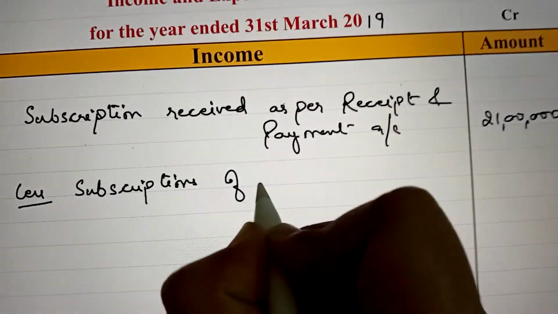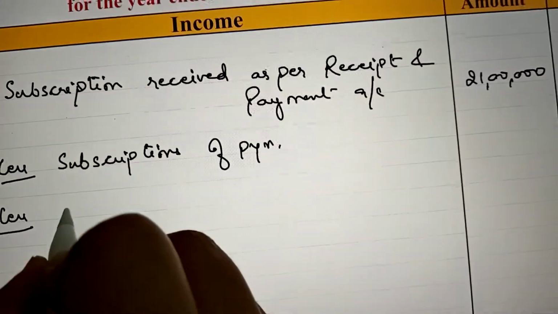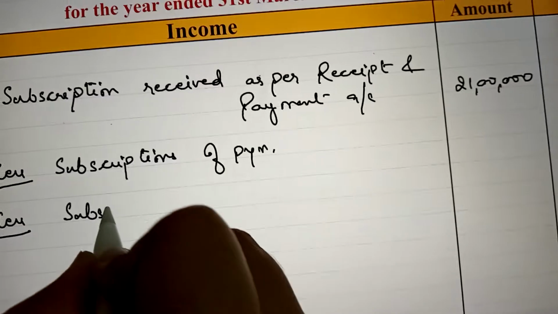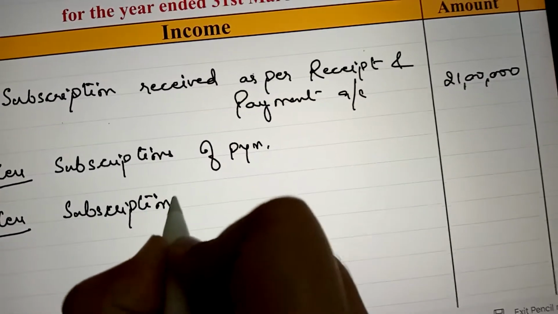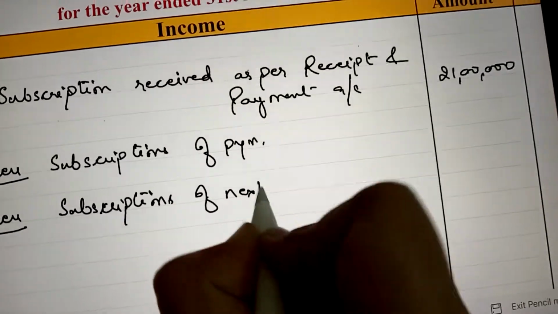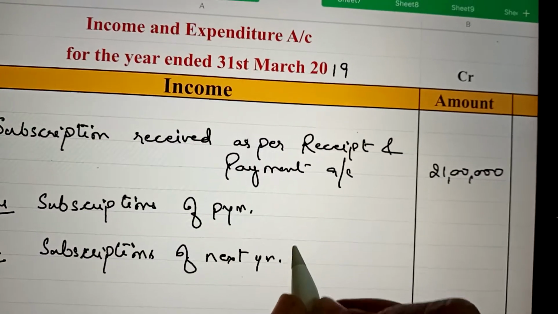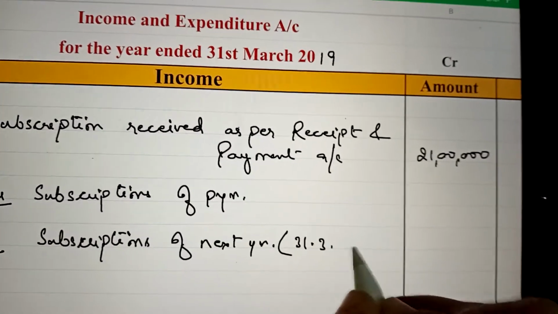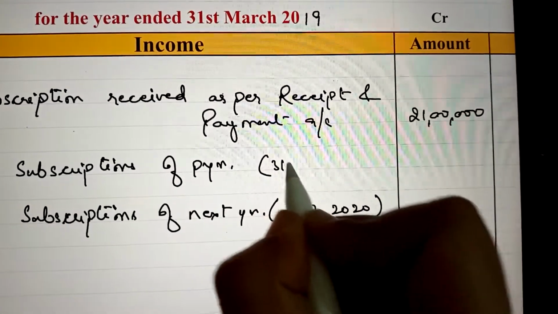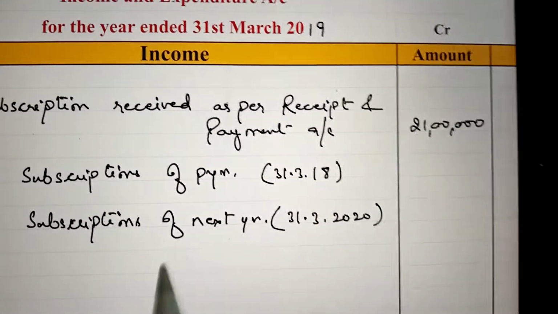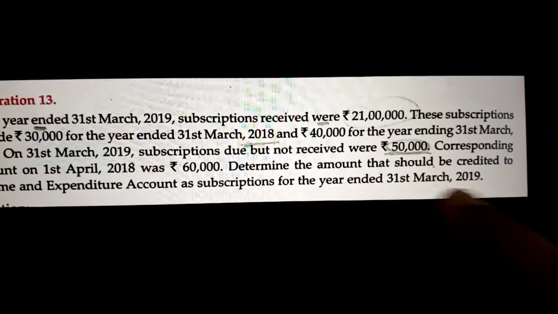We will deduct subscriptions of previous year, and we will also deduct subscriptions of next year. Next year is 31st March 2020, and the previous year is 31st March 2018, and the amount is given in the question.